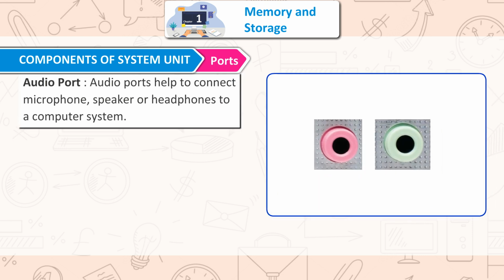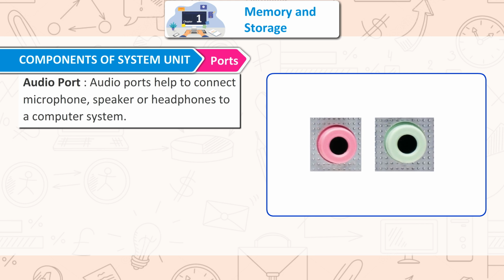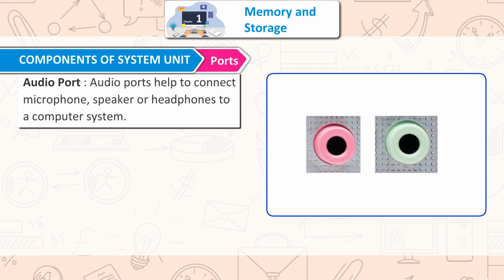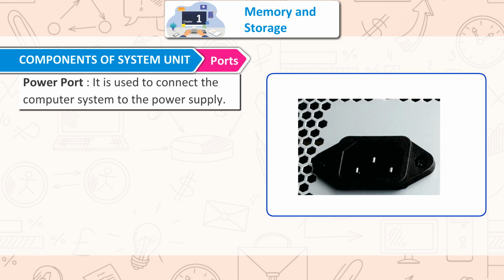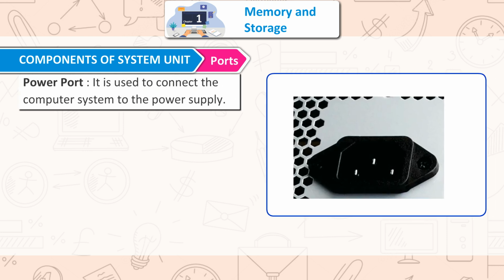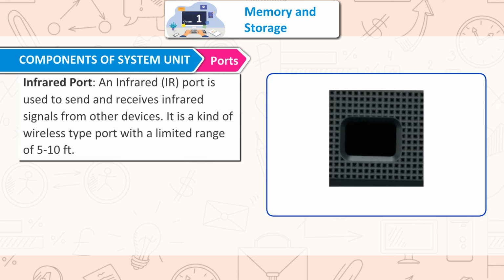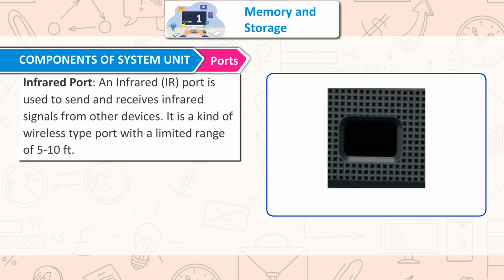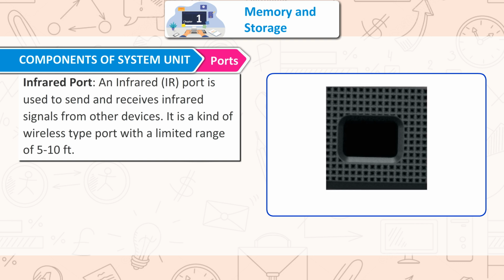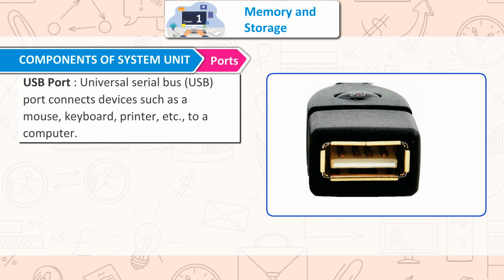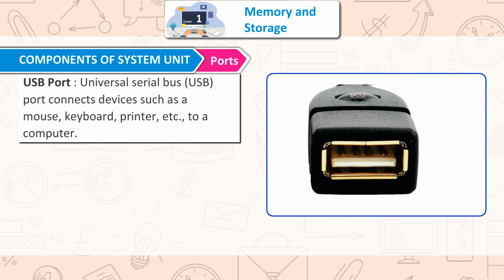Audio port. Audio port helps to connect a microphone, speaker or headphones to a computer system. Power port. It is used to connect the computer system to the power supply. Infrared port. An infrared, IR, port is used to send and receive infrared signals from other devices. It is a kind of wireless port with a limited range of 5 to 10 feet. USB port. Universal Serial Bus.